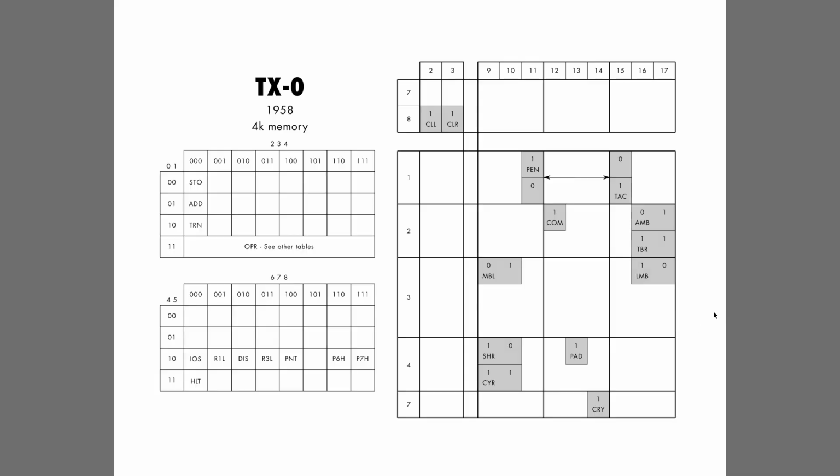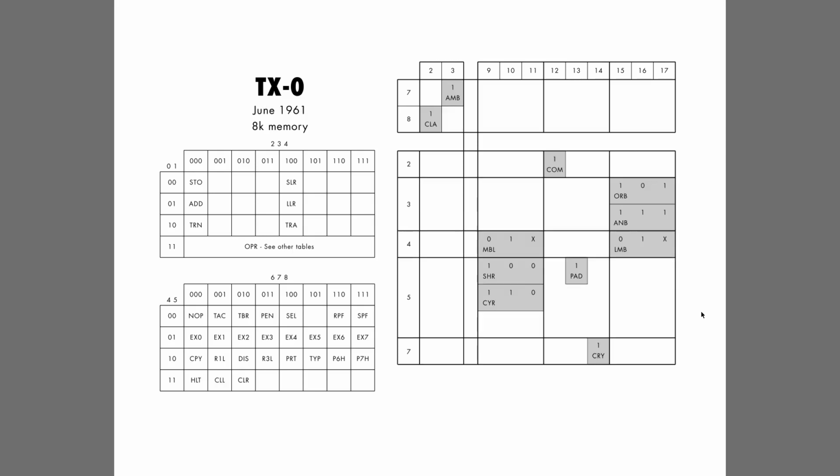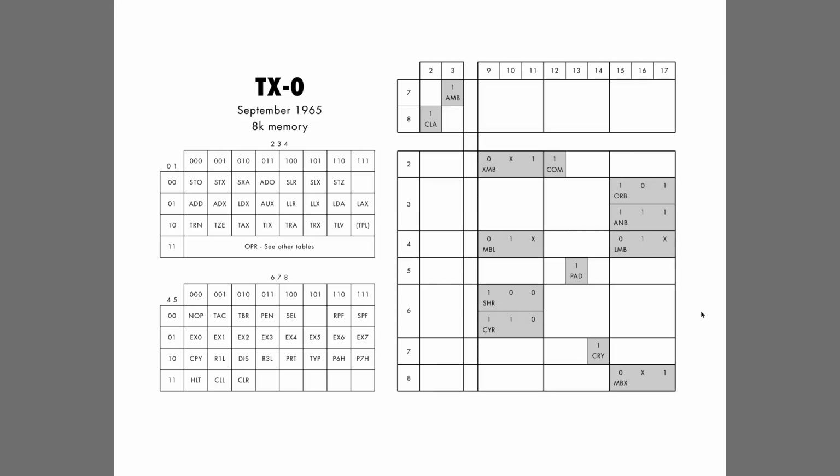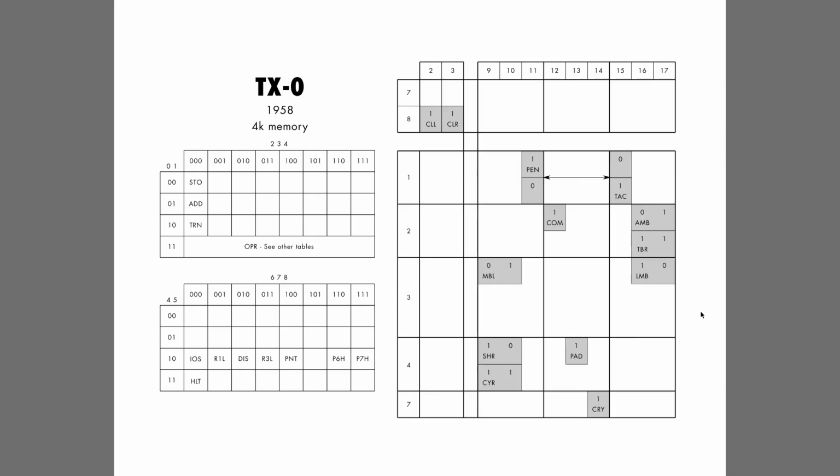As I mentioned, the TX-0 was modified a number of times during its lifetime, and in this series of diagrams I tried to show that evolution. Now unfortunately, since I chose a common format for all of these, it's not a perfect match for the original configuration from 1956, so you'll have to excuse that.